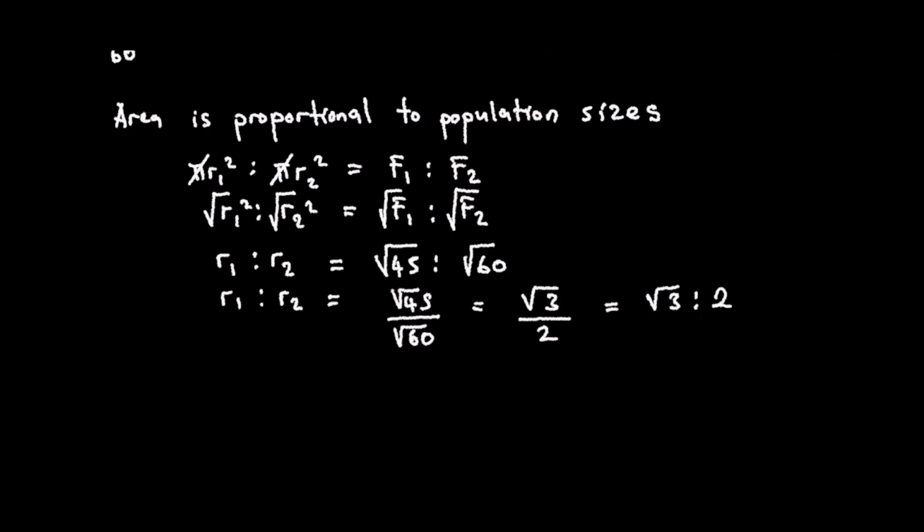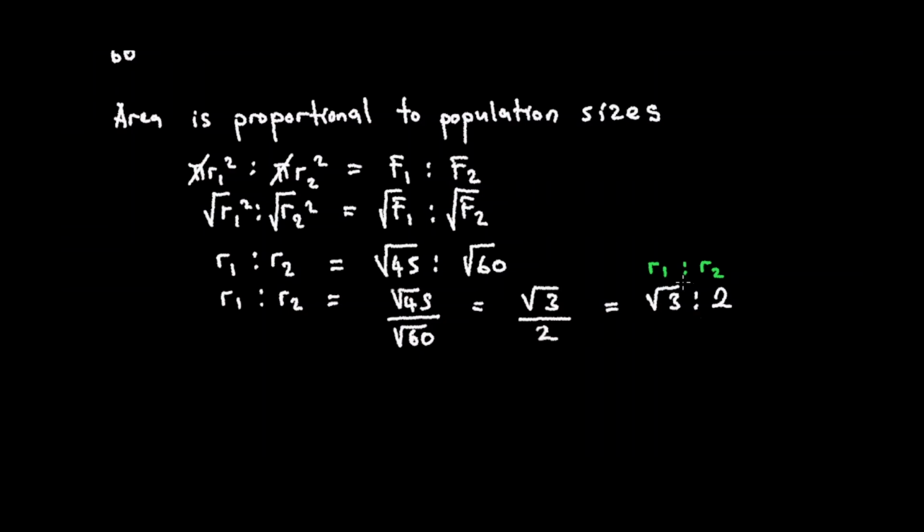And I want you to remember that here it was r1 is to r2. So the ratio we have found, of the radii, means when we take r1 as root 3, we have to take r2 as 2.